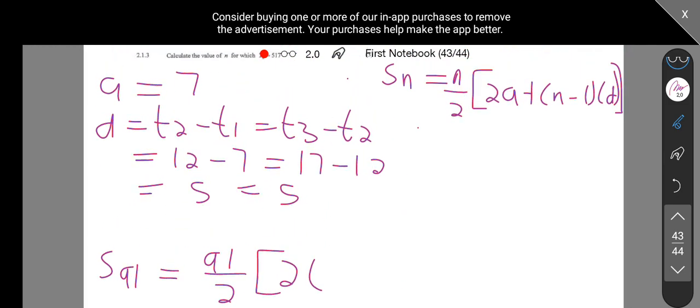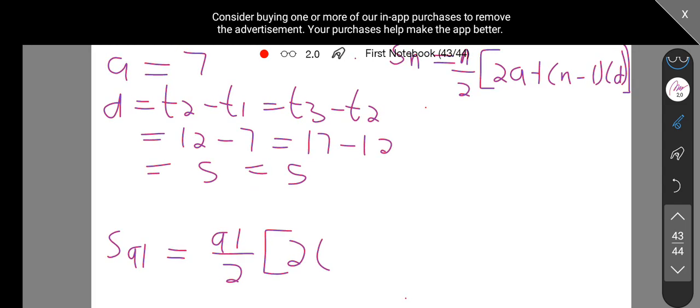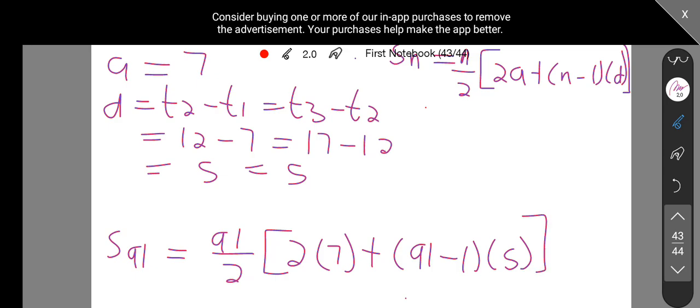What is the first term? The first term, that is 7. 7 plus n minus 1, n that is 91 minus 1, multiplied by the difference, that is 5. And we're going to get the answer there. So let's see what we get there. I'm going to punch all that on the calculator.